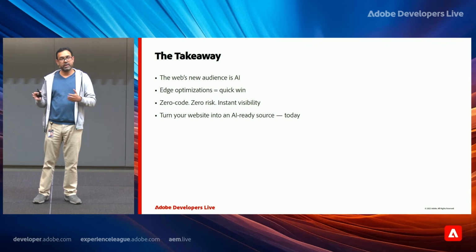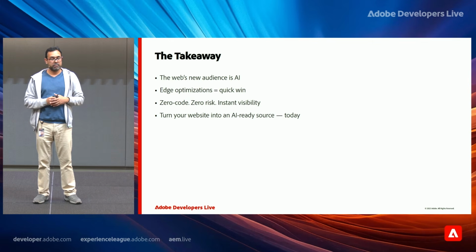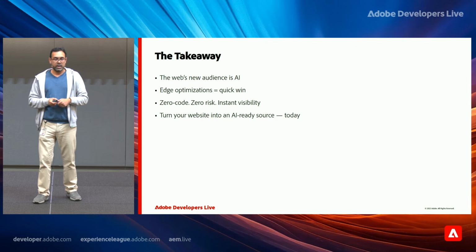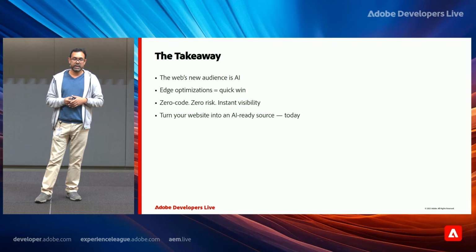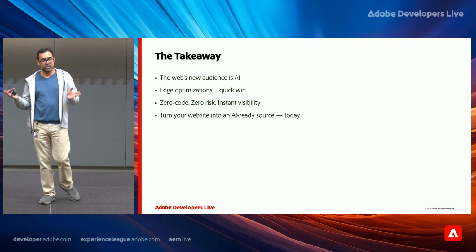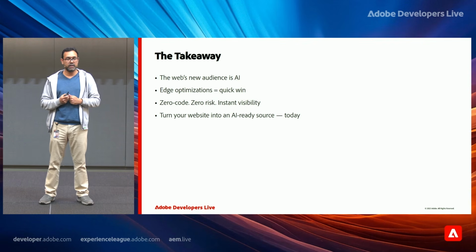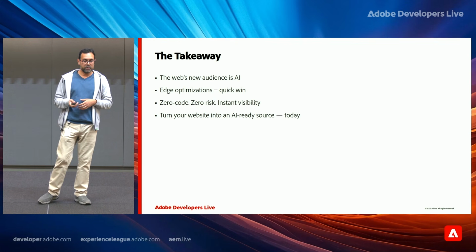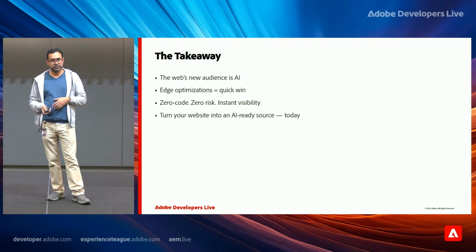That's the core problem we are solving with LLMO, and we are solving it instantly. And the third takeaway is no code changes, no risk, no delay. It immediately makes your content AI visible for your brand and for your products.